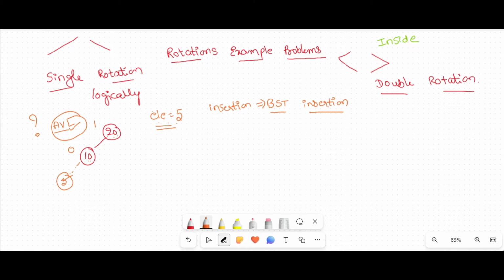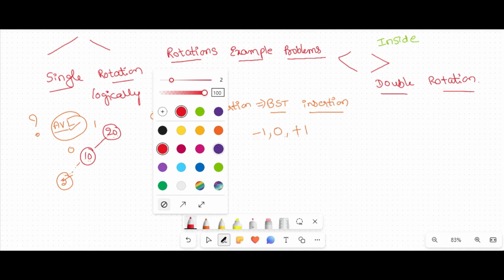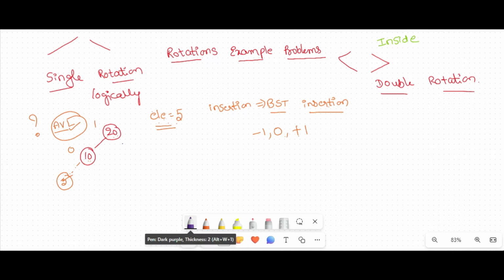After insertion, it has to satisfy the AVL property that the balance factor at each and every node is -1, 0 or +1. We have to verify that, so let us calculate the balance factors. The balance factor at the leaf node is 0.